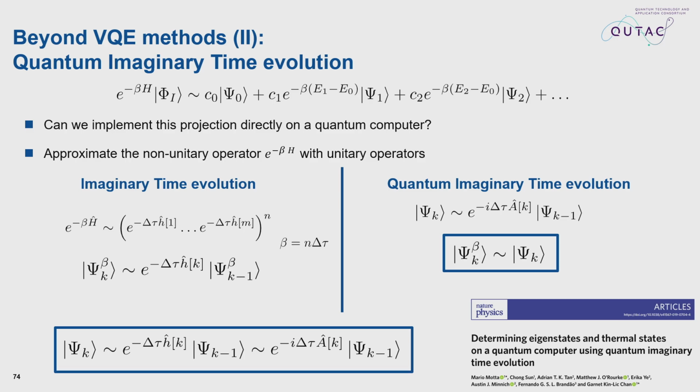I won't give you the details, but there's a way of solving this type of state equation. For each step of your imaginary time evolution, delta tau, you can find a Hermitian matrix A such that these two states, the projected state and this unitary evolved state, are equal. Finding this operator A is somewhat simple, because all you need to do is solve a linear system.